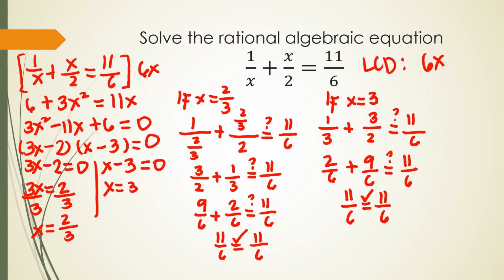So meaning, x is equal to 3 makes the equation 1 over x plus x over 2 is equal to 11 over 6 true.